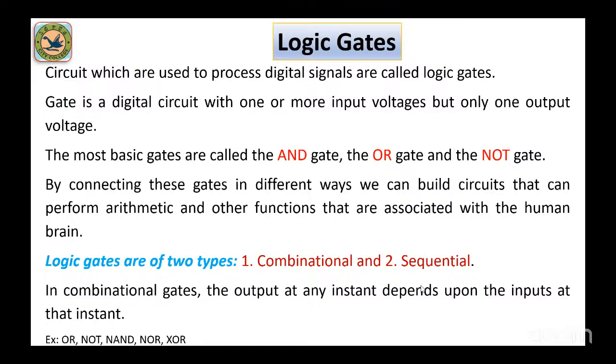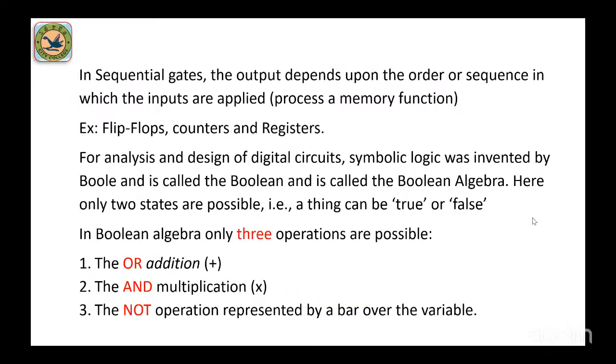Whereas in sequential gates, the output depends upon the order or sequence in which the inputs are applied. Examples are flip-flops, counters and registers.